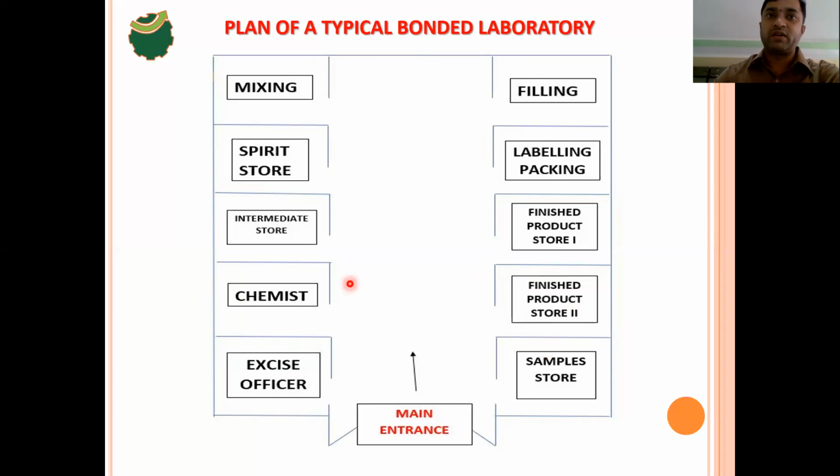Both storerooms are required, and there will be a chemist to analyze all these things, and the whole company is under or in the presence of an excise officer. That room will be in front with required furniture, and accommodation should be there with all necessary furniture. And in front of his room, all the samples which are manufactured will be stored in the samples store.